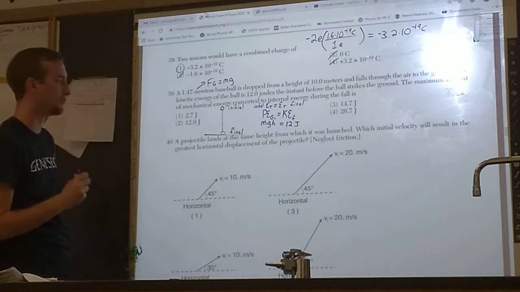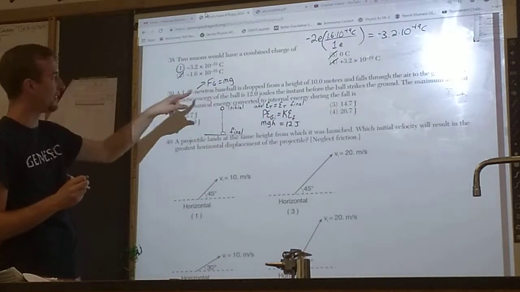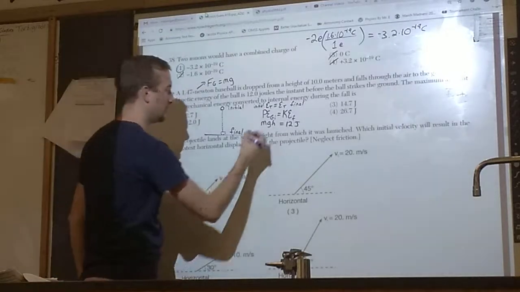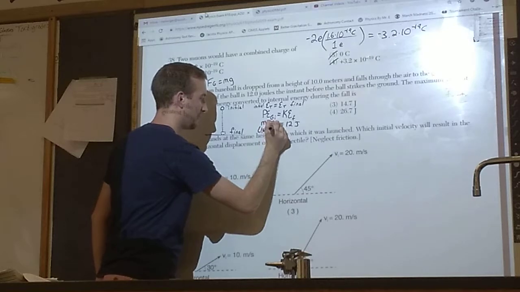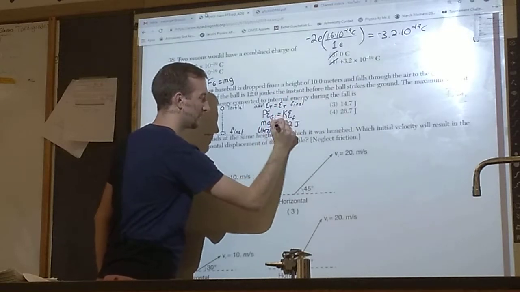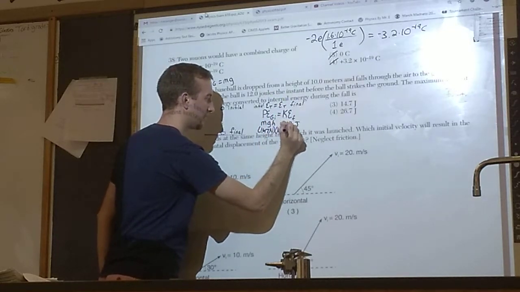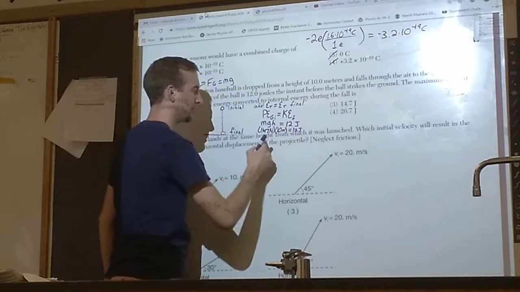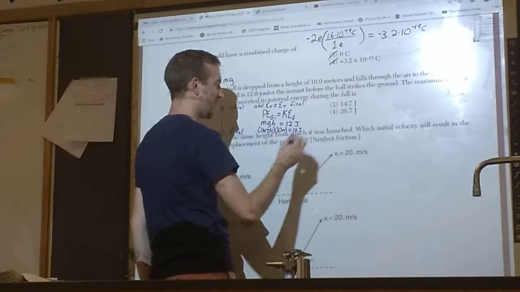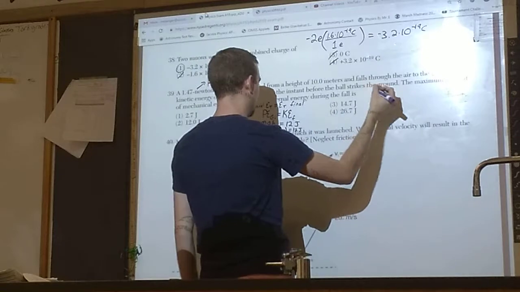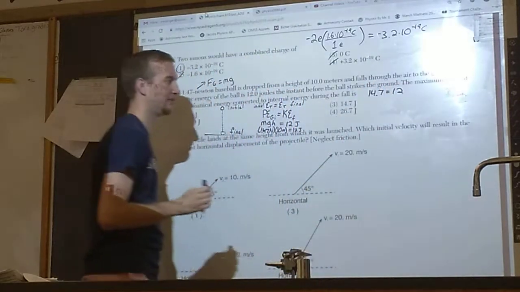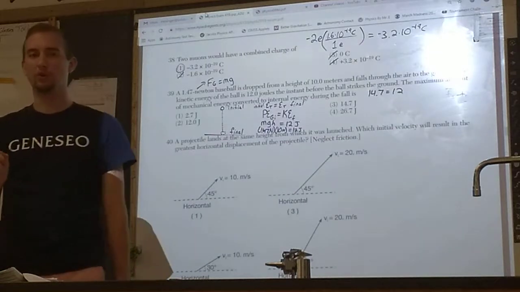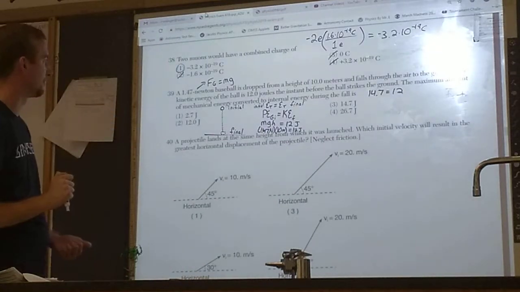We know mg already because we know that's 1.47 newtons. 1.47 newtons multiplied by the height of 10 meters equals 12 joules. Wait a second. If I write this out, I would get 14.7 equals 12. That's obviously not true. Something else must be going on, okay?